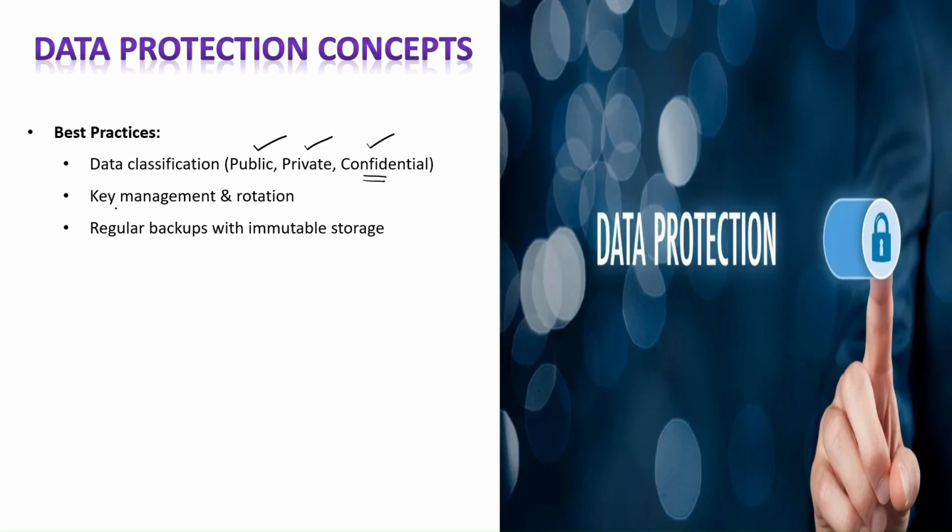Then we use key management and rotation, as we studied in the previous slides, and regular backup of data with immutable storage. Immutable storage means that the data on the storage should not be changed. It should be write-once storage.